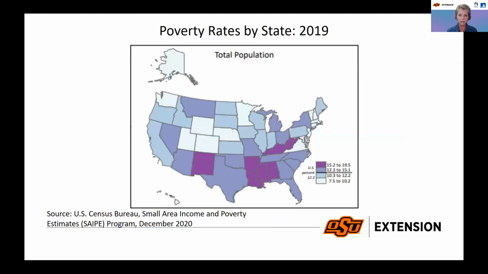Okay, so for poverty rates by state in 2019, the map shows the poverty differences. The legend on each map indicates that the darker the color, the greater the percentage of poverty. You'll notice that the majority of the states in dark or medium dark colors are in the South. Notice how Oklahoma compares with its neighboring states, as well as the other parts of the country.